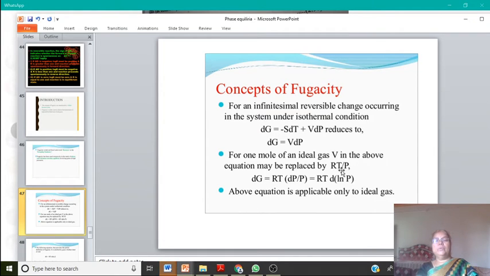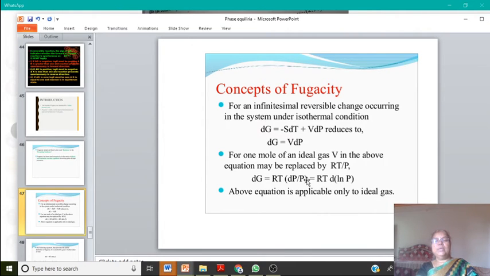From the ideal gas equation we have PV is equal to RT, therefore V is equal to RT by P. Substituting the value of V as RT by P, we can write dG is equal to RT into dP by P, and it is equal to RT into d ln P. And this equation is applicable only to the ideal gas.